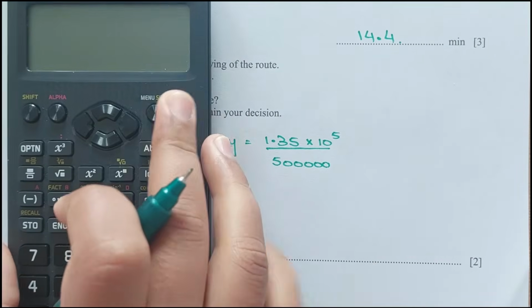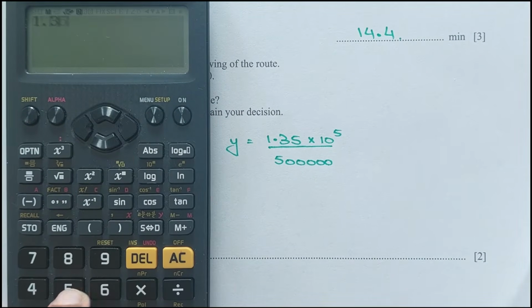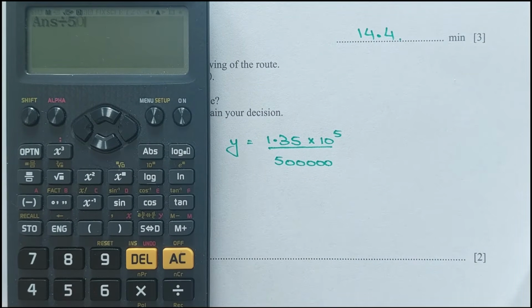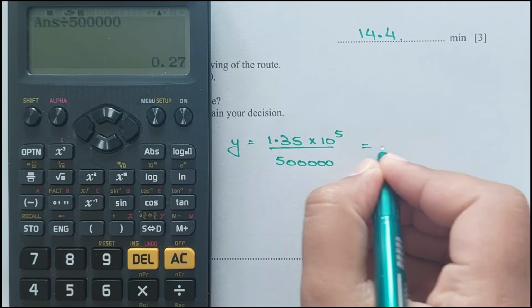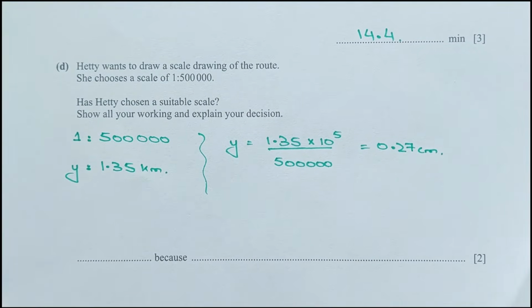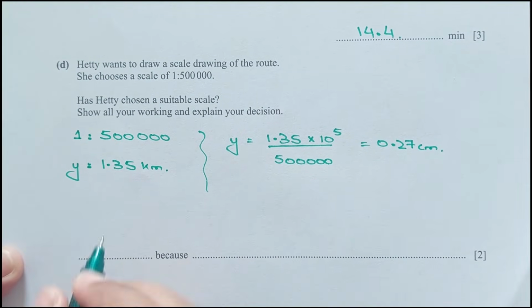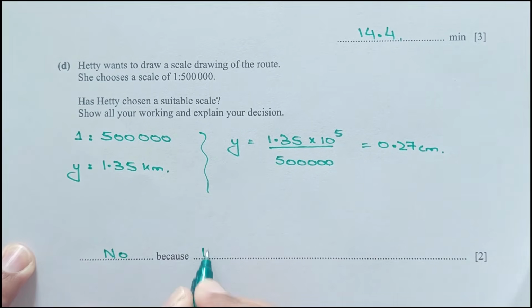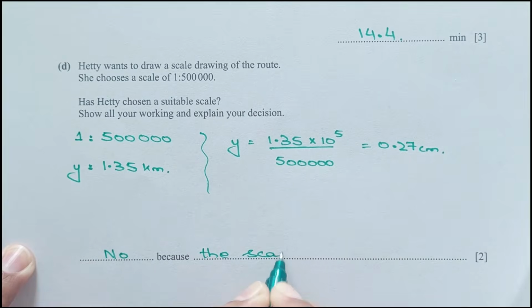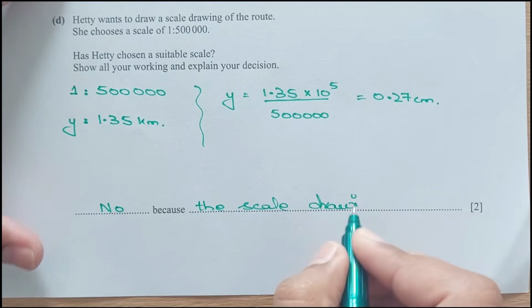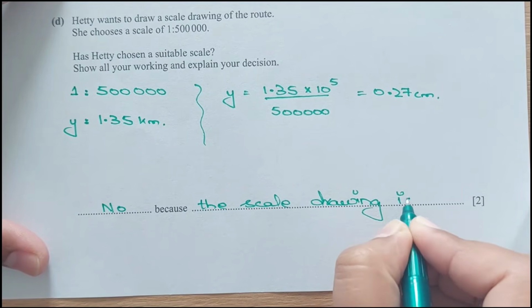Let me simplify this: 1.35 times 10 to the power 5, divided by 500,000, equals 0.27 centimeters. This scale is very small. So we can say Hetty is not choosing a suitable scale, because the scale drawing is too small.